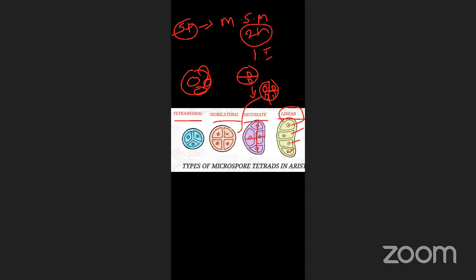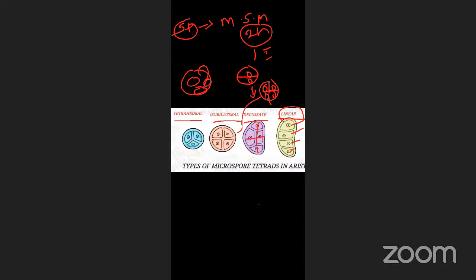So now the short answer is completed. In an examination, if they ask about male gametophyte development, you can start with microsporogenesis until the male gametes are formed. If they ask you to write about microsporogenesis, simply write the definition, the types of formation, successive and simultaneous, and the types of arrangement. No need to write about the development of the male gametophyte. Remember it.